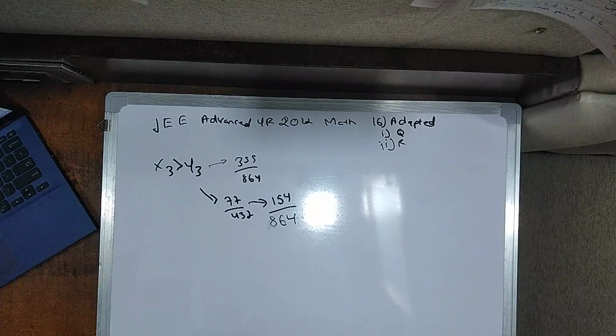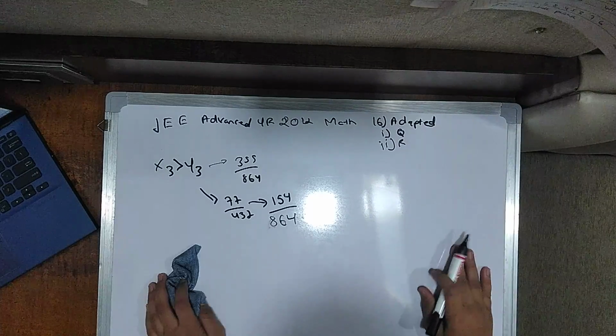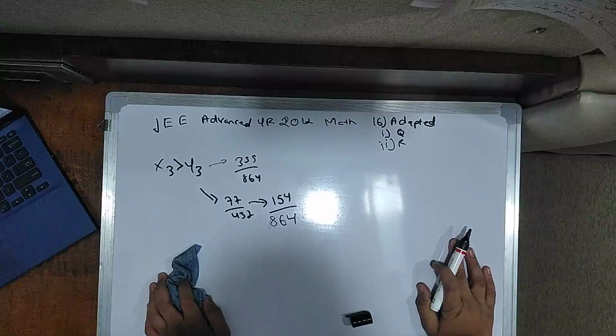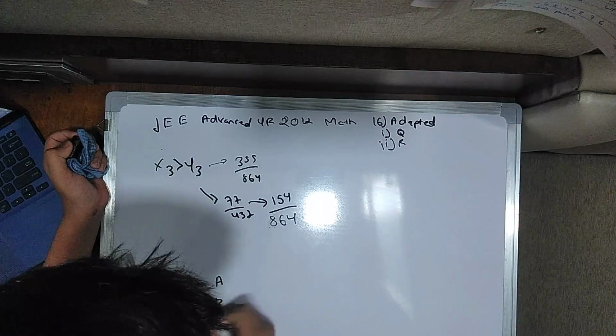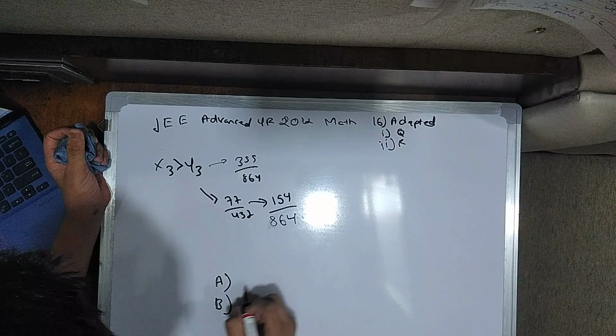Okay, now we don't want to do maths. We already did so much maths. We can use a bit of our brains now. So I'll just write the options A and B. These are the only options we are playing with right now.